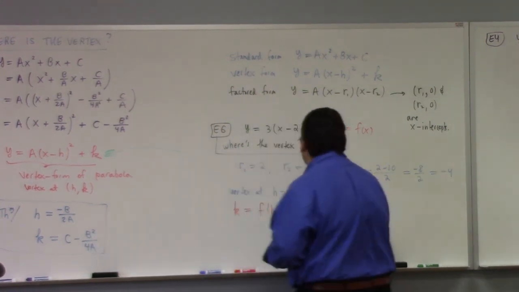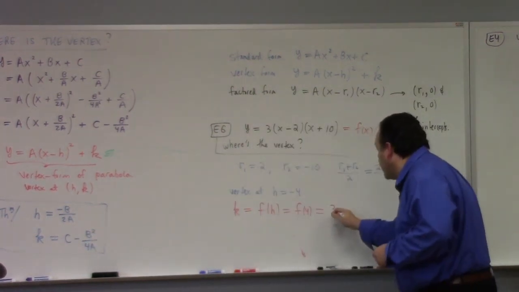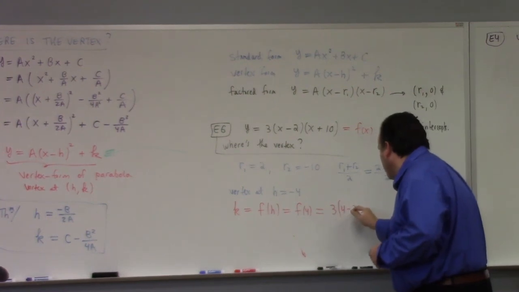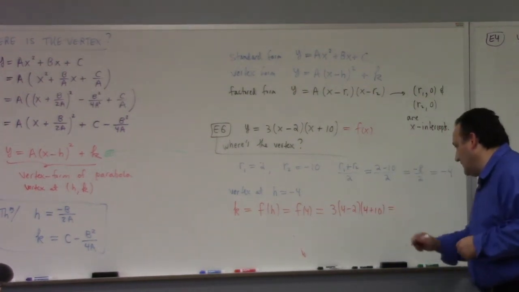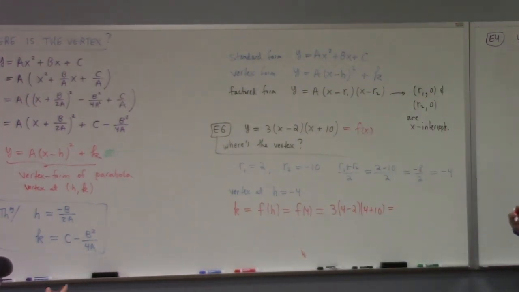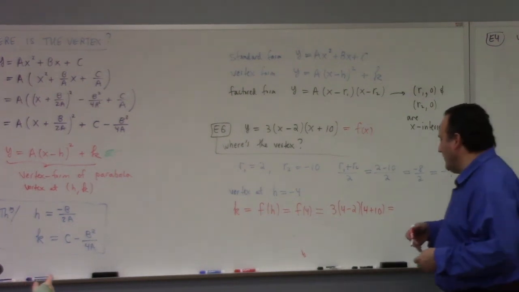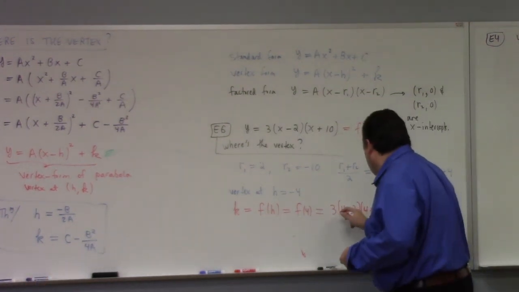What is f of 4? f of 4 here is 3 times (4 minus 2) times (4 plus 10). See that? So this would be 3 times 2, 6 times 14, whatever that is. Or negative. What? Or when you're putting in. Oh, did I have a negative 4? Oh, my bad. So minus 4, thank you.